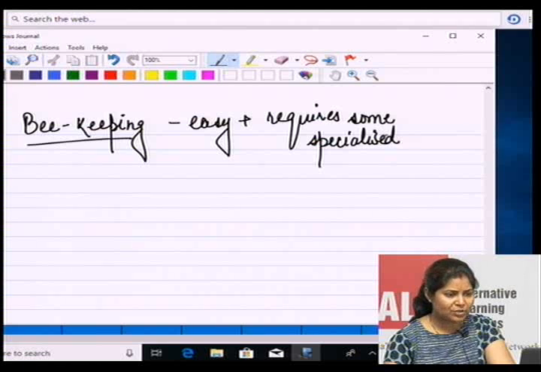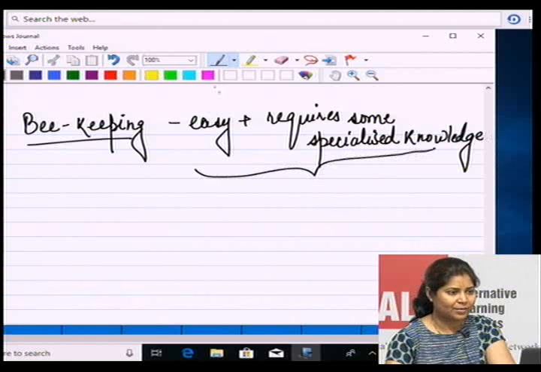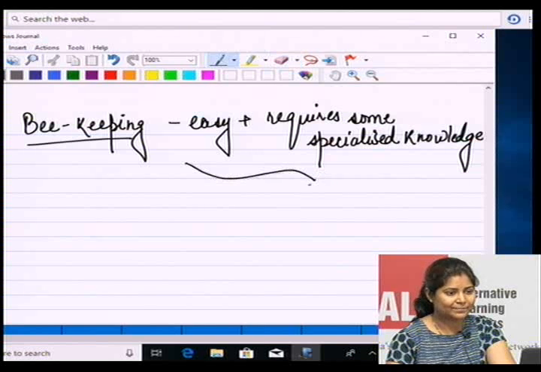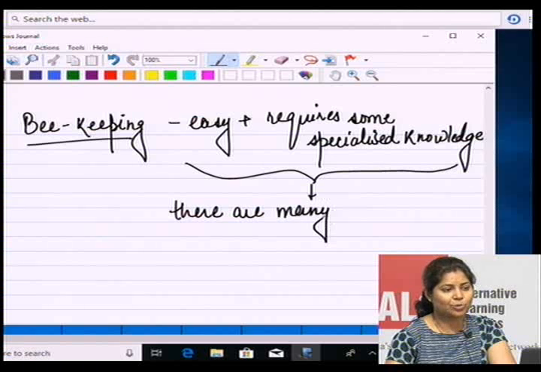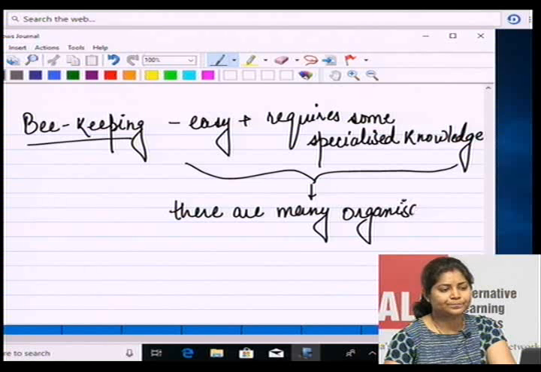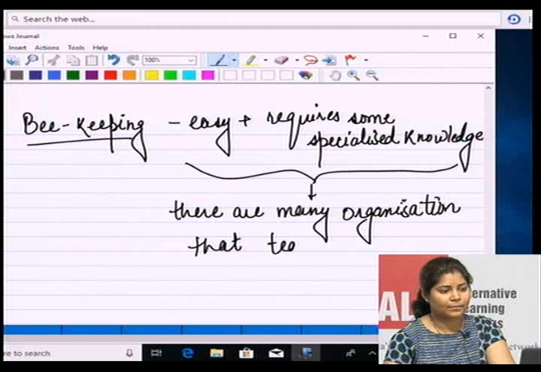So you can do these things part-time. Otherwise professional, but by interest, a beekeeper. Sounds good? So there are many organizations, many NGOs, government agencies that can help you teach beekeeping.